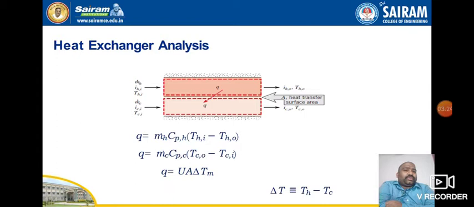Similarly, Q = mC CpC (Tco − Tci), where Tco and Tci are the temperatures of the cold fluid outlet and inlet. Finally, we can write the overall heat transfer as Q = UAΔTm, where ΔT is the temperature difference between the hot fluid and the cold fluid.